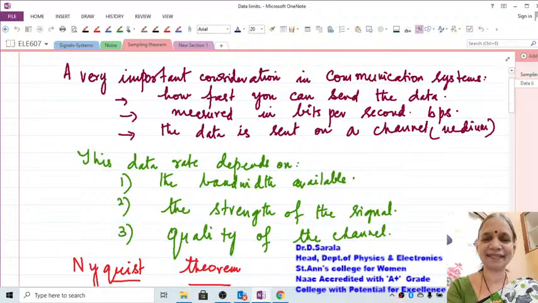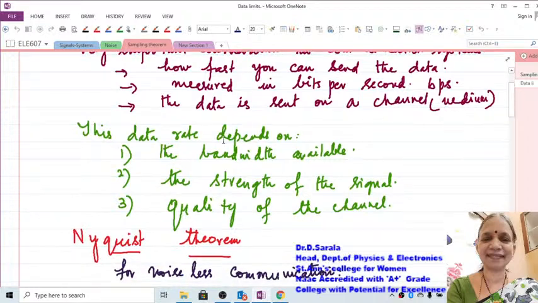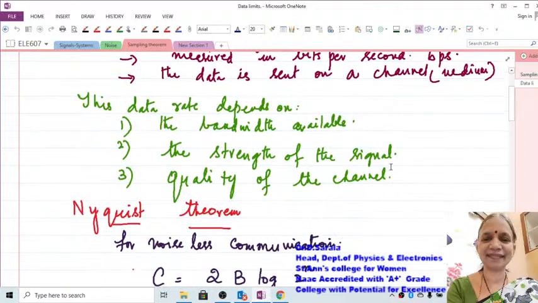When you are sending the data, there is something called a channel in between over which the information is sent. So the data rate depends on the bandwidth, that is the channel width, the strength of the signal and the quality of the signal. These are the three factors on which the data rate is dependent.